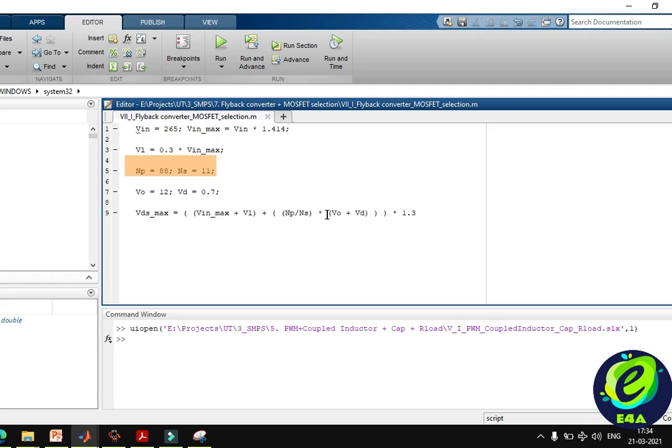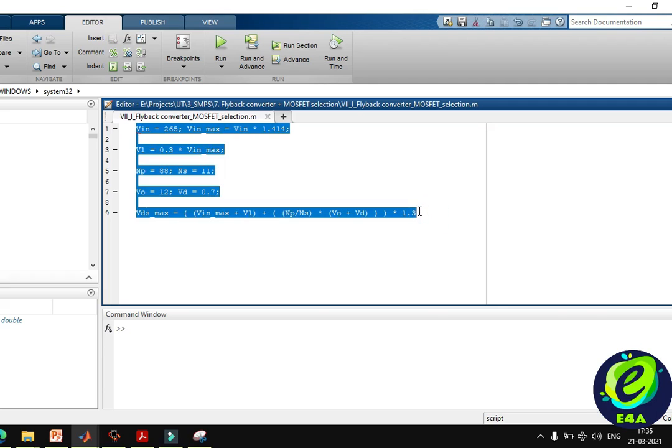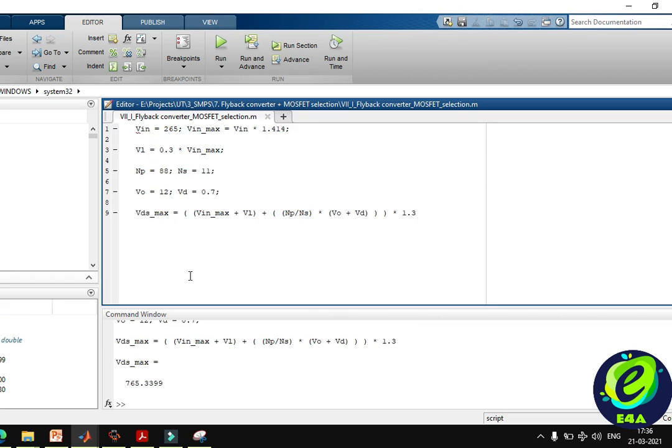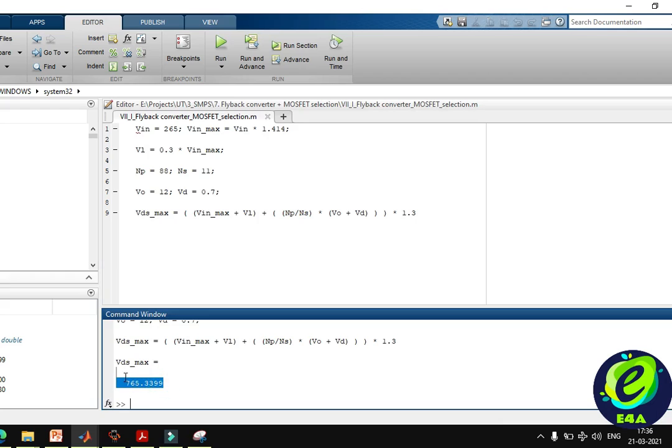Np and Ns are the primary and secondary winding turns, which are 88 and 11 respectively. Output voltage VO is 12 volts and VD is the diode voltage drop, which is 0.7 volts. Now if we keep 30% margin, then the maximum voltage on the drain of the MOSFET comes out to be 766 volts.